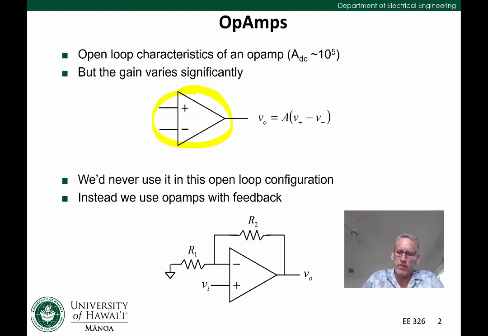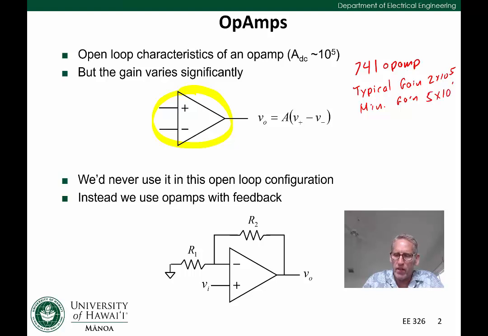For example, if you looked at a 741 op amp, which is a very popular one, and you look at the data sheet for the 741, you'll see that the typical gain is about 2 times 10 to the 5th, and the minimum gain is much lower. It's 5 times 10 to the 4th, according to the data sheet. So you can see this really large variation in what you can expect from the gain.